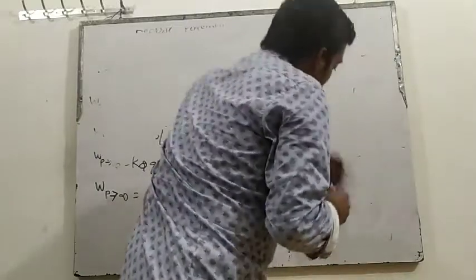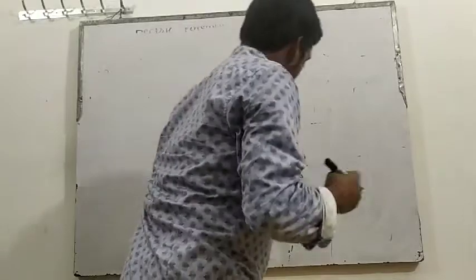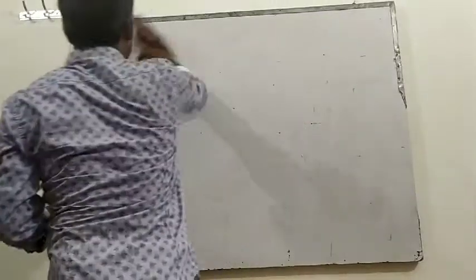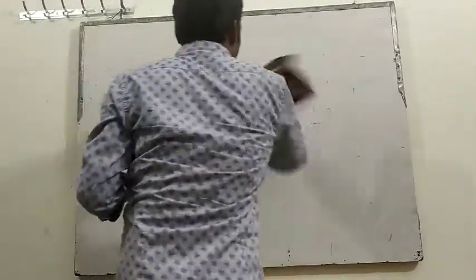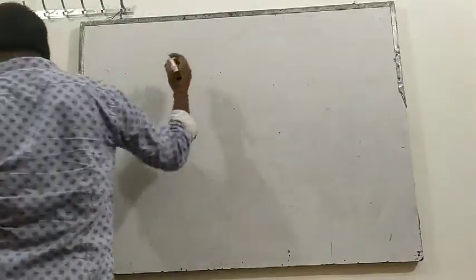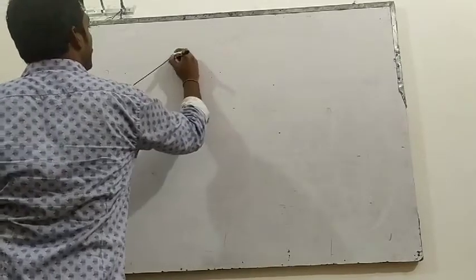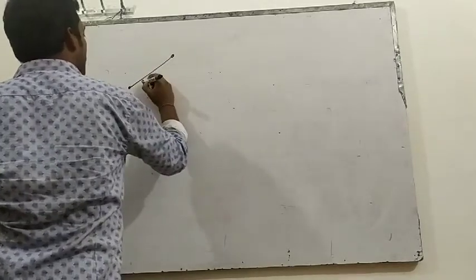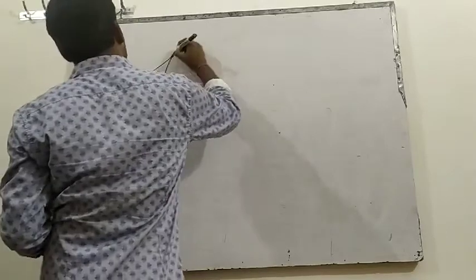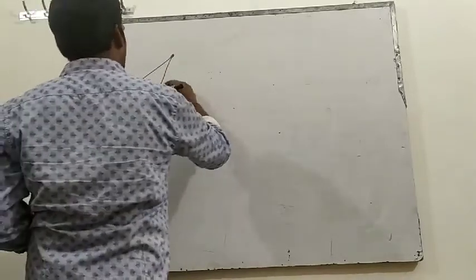So let's say there is a charge Q1, and its distance from the point is R1. Here is Q2 charge, and its distance is R2.